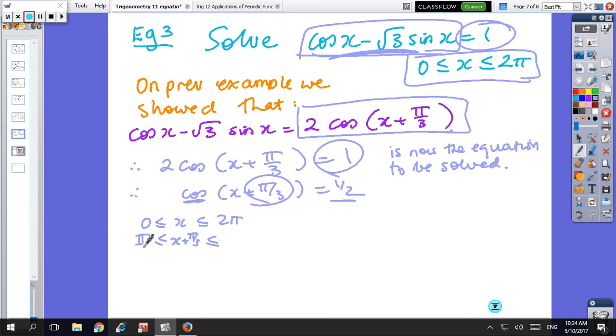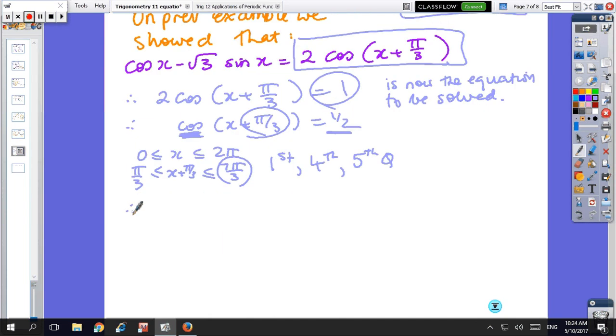So now we've got pi on 3 to 7 pi on 3, and cos is positive, so we have to check the first quadrant, the fourth quadrant, but we've gone past the fourth quadrant, so we need to check the fifth quadrant to see if the answers are okay. Okay, so we've done that sort of work before.